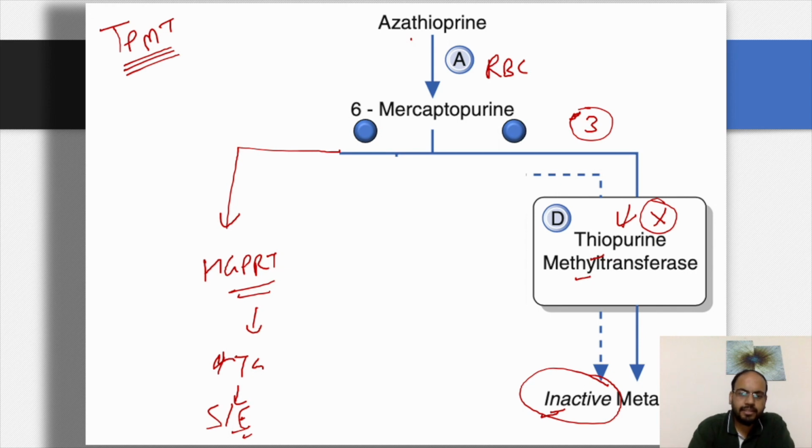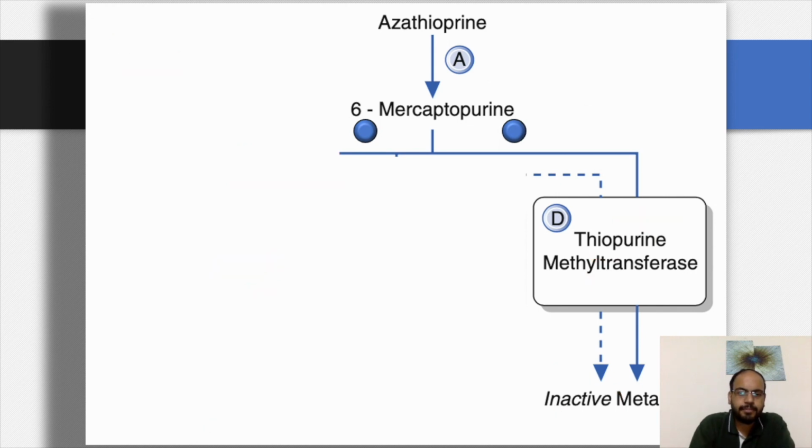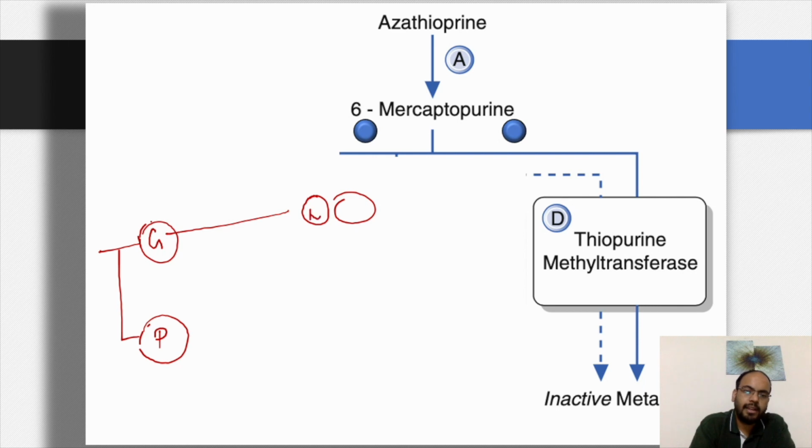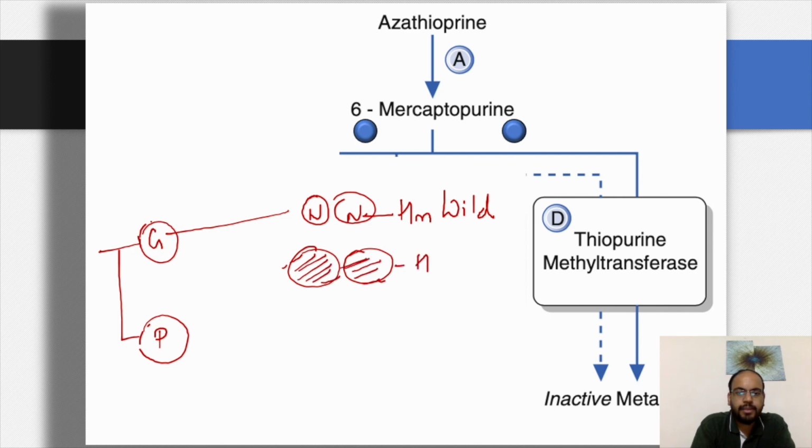Clear? Now we'll discuss some points about TPMT. Whenever we are looking for mutations in TPMT, there are two types we have to discuss. One is genetic, the other is phenotypic. Genetic means whether the genes are working or not. There are three types. So these are the two alleles. If both of the alleles are normal, this is known as homozygous wild type. If both of the alleles are mutated, this is known as homozygous mutant type.